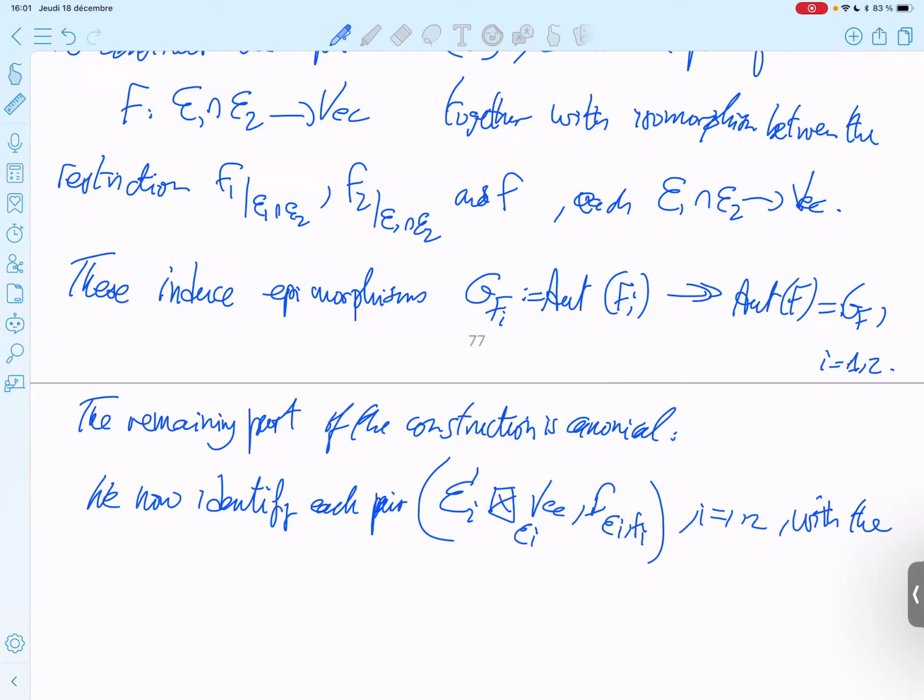Because in fact, in the intersection, when you condensate, it's the same as condensating a big thing or condensating a small thing in the intersection. We already discussed that.